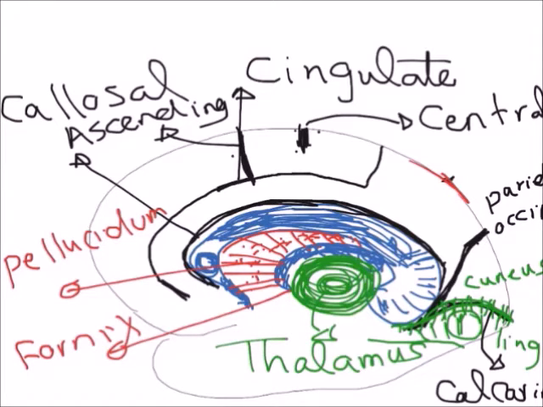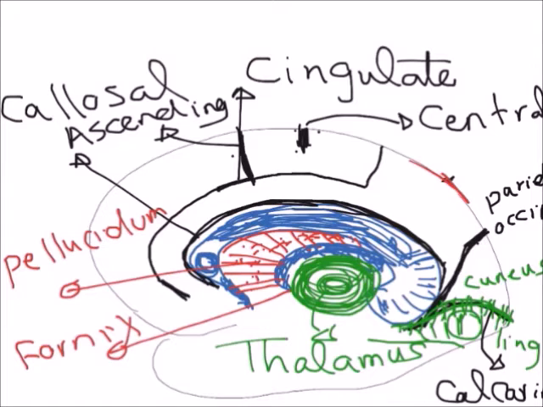This is area 17 and 18, and the cuneus and the lingual gyrus share in the visual association area, which has the function of interpretation of visual stimuli, or knowing the meaning of the visual stimuli which is perceived by the visual primary area.